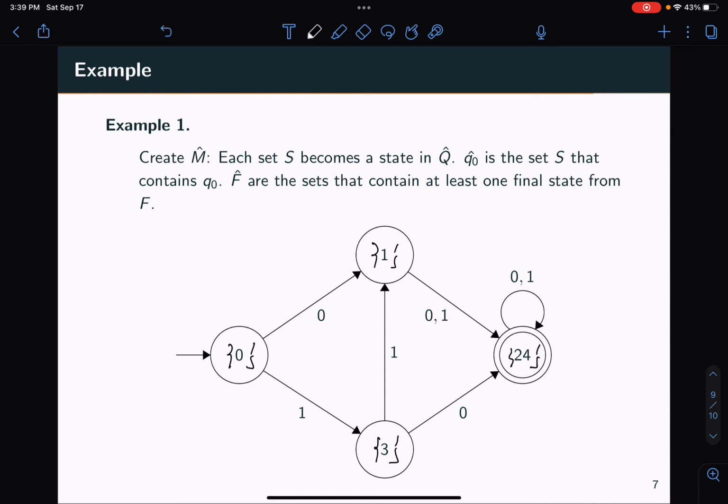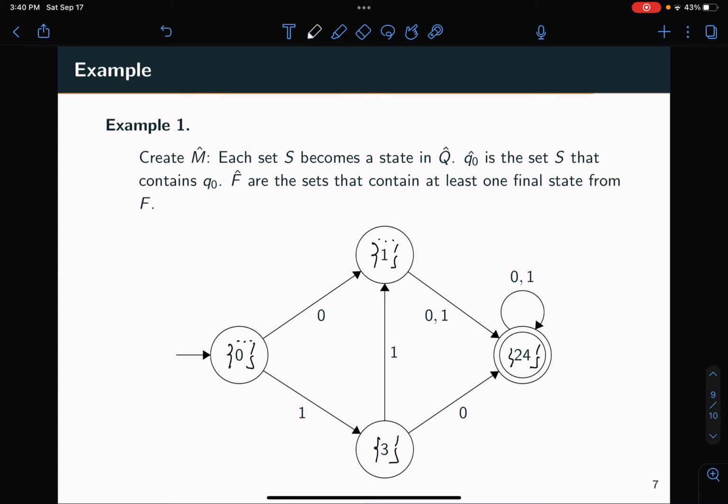And so then the transitions, you might be asking yourself, what are the transitions? Well, I look back at my machine M, and because I can't reduce my states further, I know that any state in this partition, if I read, let's say, 0, is going to go to the same exact partition.